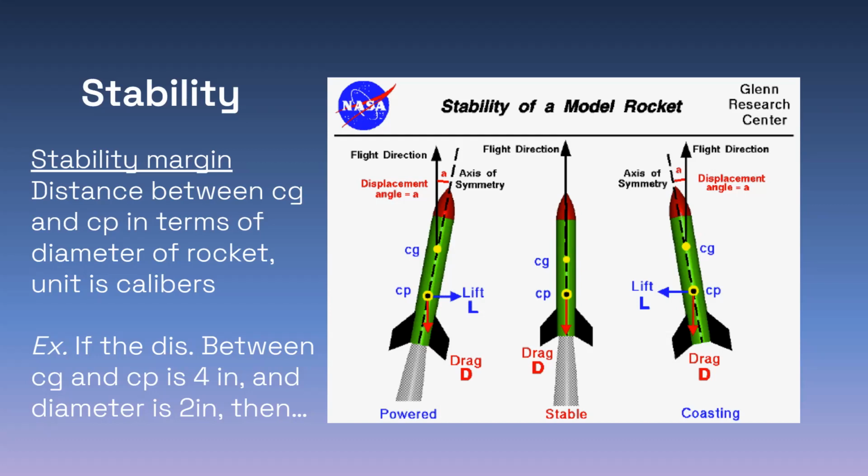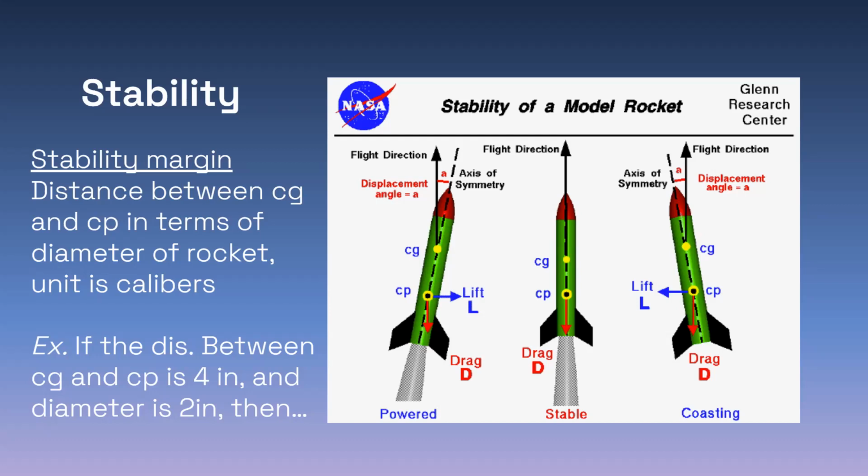If we have a nominal stability of 2 calibers, then the fins will swing back into a vertical position relatively quickly. But if we have too great of a stability margin, like say 10, then the fins will continue swinging back and forth, because it will continue to overcompensate for the difference it has from vertical. That can mean your flight will go lower, and it means you're going to have more forces that have the potential to rip your rocket apart.